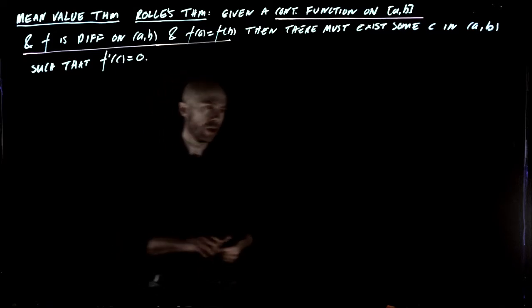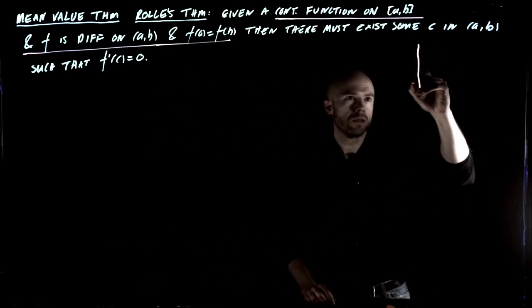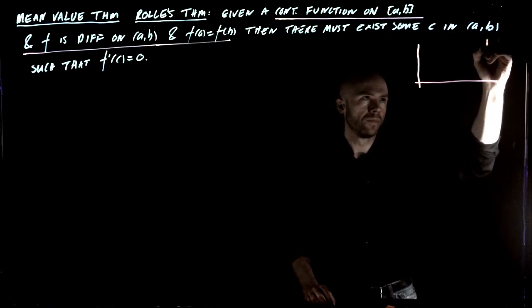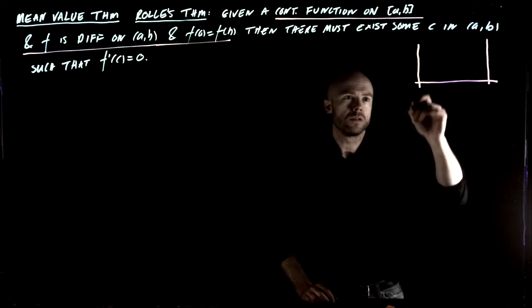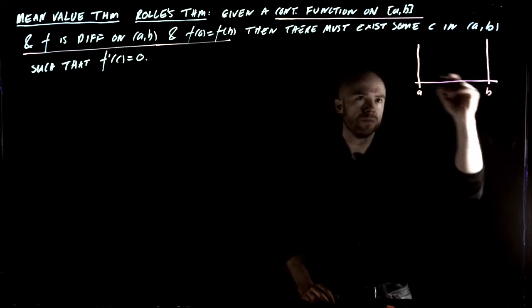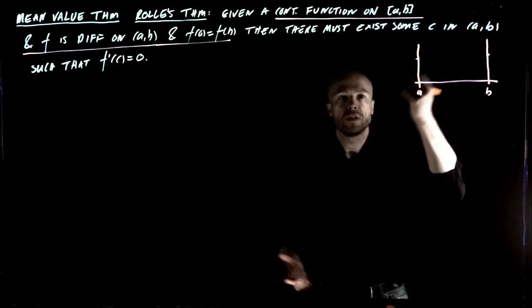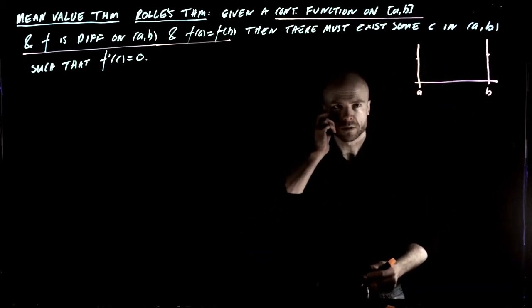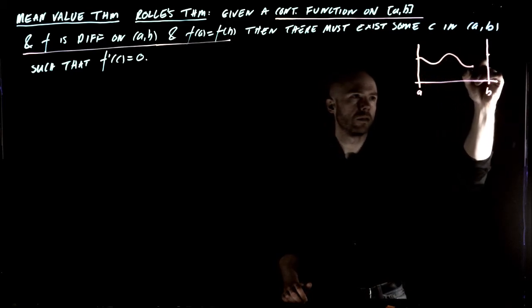Let's draw the picture. So this is how we can understand basically all the theorems. We draw an example of something that satisfies these hypotheses. So this is A, this is B. Let's say this here is f of A, f of B takes the same value, and then the only hypothesis is that it's continuous and differentiable, so it's some kind of thing that does this.